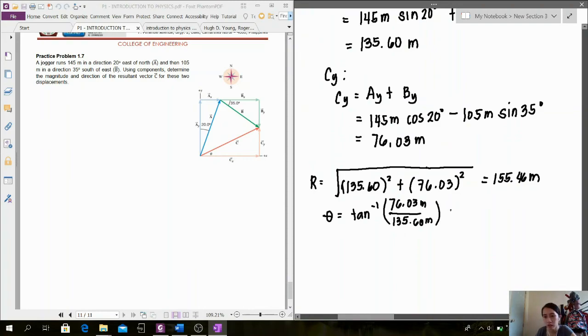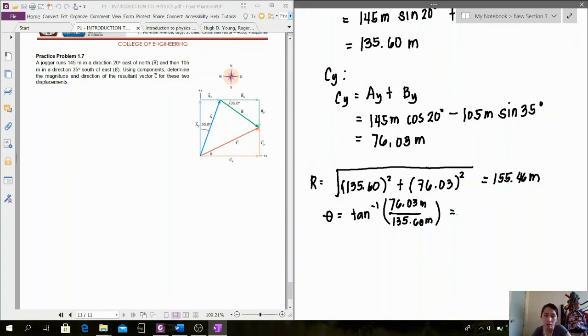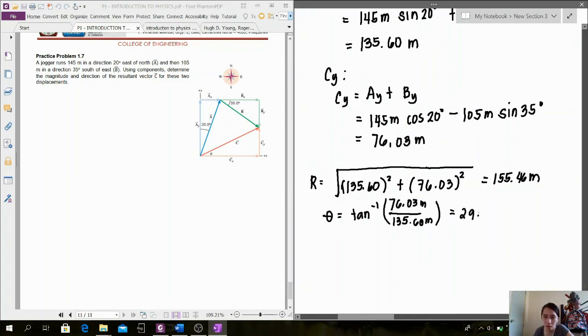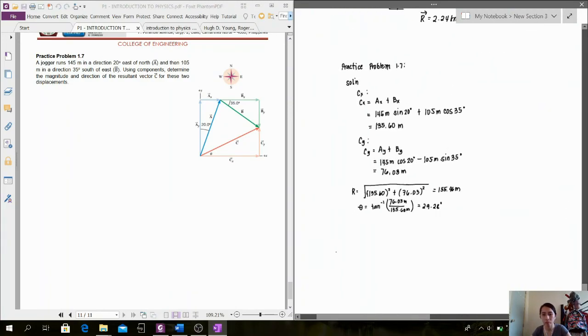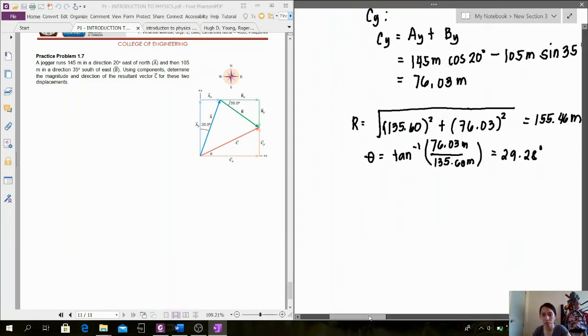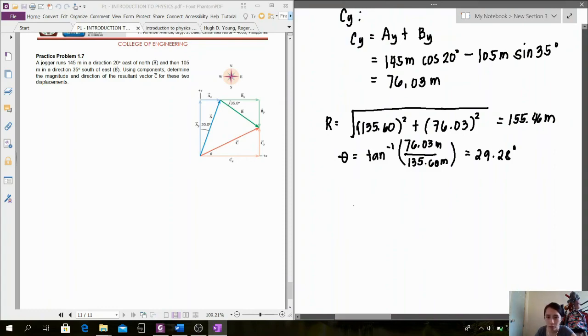So theta is equal to 29.28 degrees. And for the resultant vector R, we have 155.46 meters, 29.28 degrees north of east.